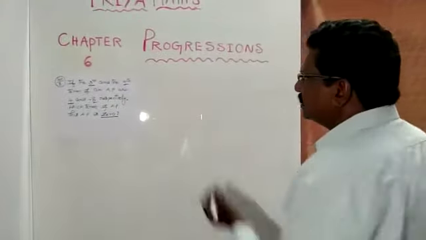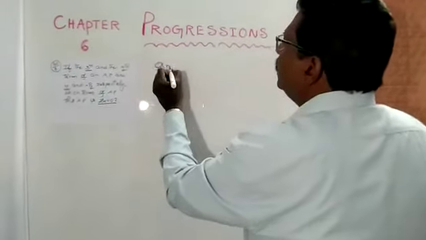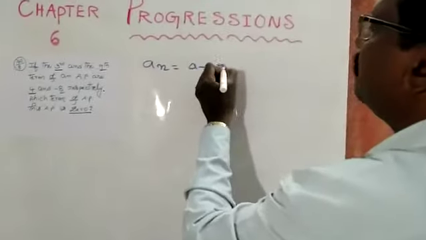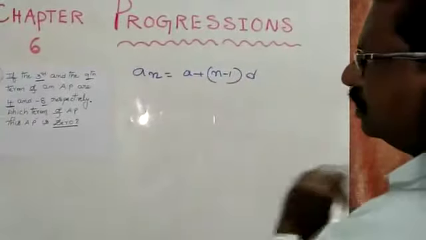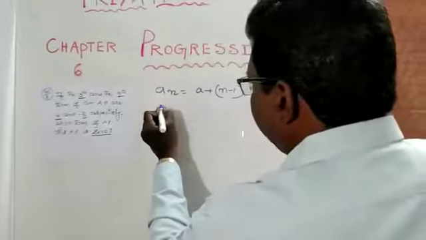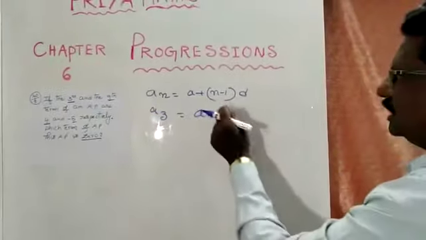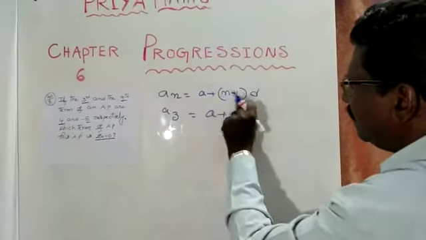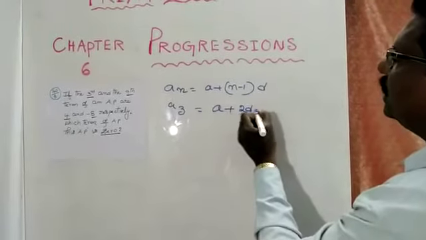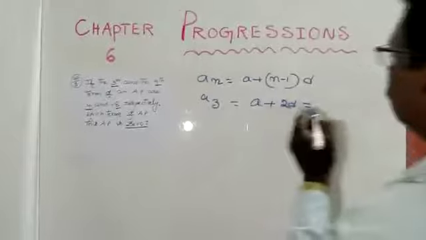You have to identify it first. Then you have to write the formula: an is equal to a plus n minus 1 into d. First the third term, a3, is equal to a plus 3 minus 1, 2, into d, 2d, equal to 4.